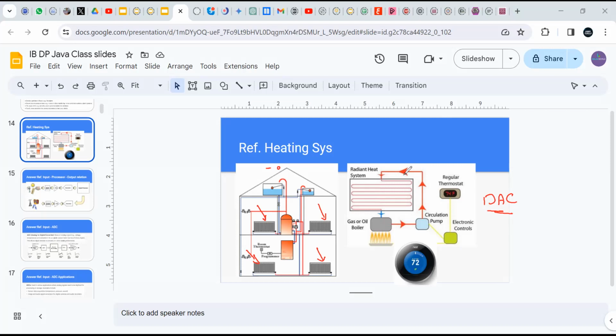If we are pushing the water faster, it means that we will be able to heat the house in less time. Does this make sense to you? Yes. So if the temperature is so cold, we might need to operate the circulation pump to the maximum, so it means that we have to give a high analog signal. Does this make sense to you? Yes. Okay, good.